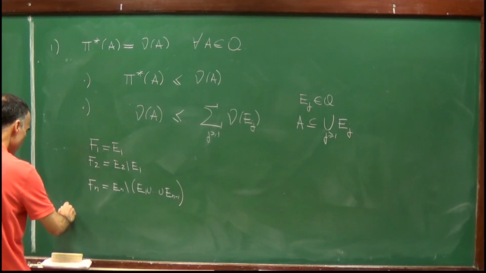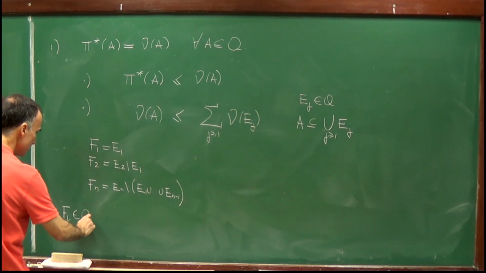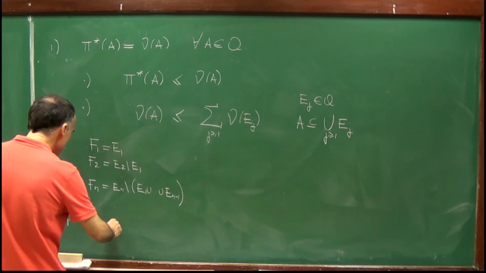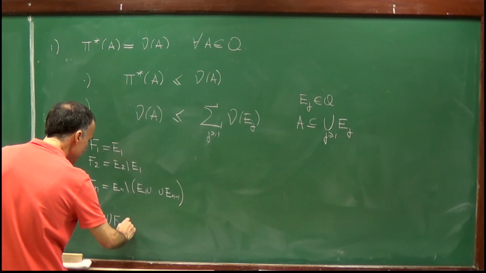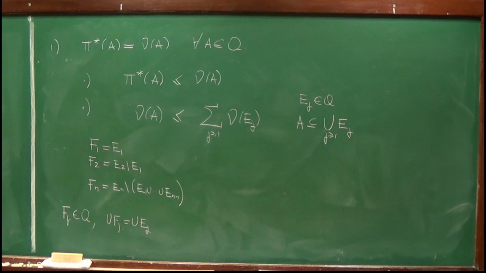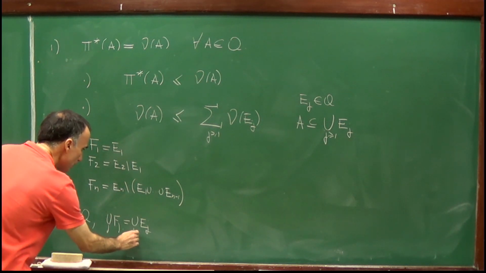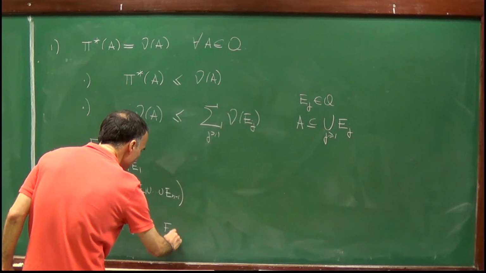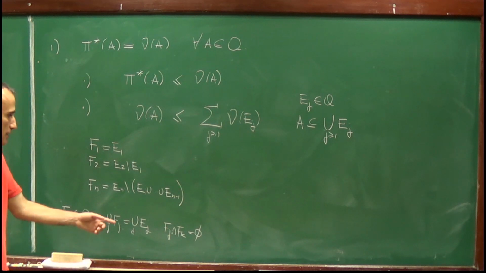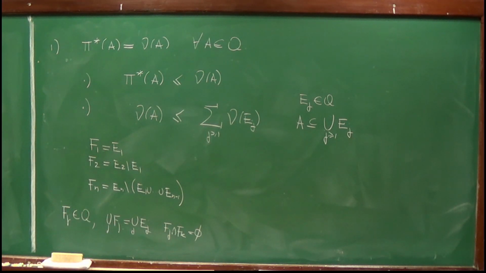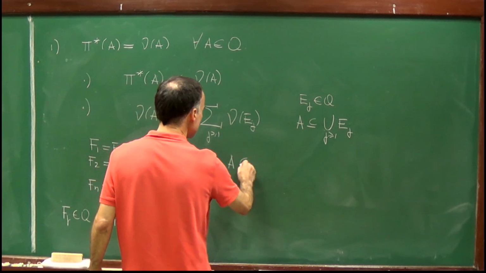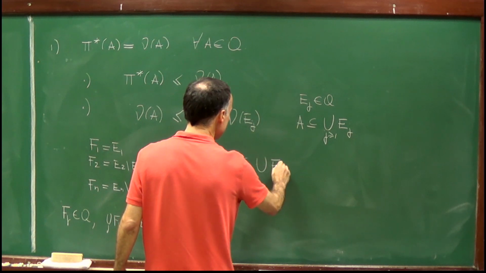These sets Fj all belong to the algebra because the sets Ej belong to the algebra. The union of the Fj is equal to the union of the sets Ej by construction. Then these sets Fj are disjoint 2 by 2, so Fj intersection Fk is the empty set if j is different from k. Since A is contained in the union of the Ej, A is also contained in the union of the Fj.